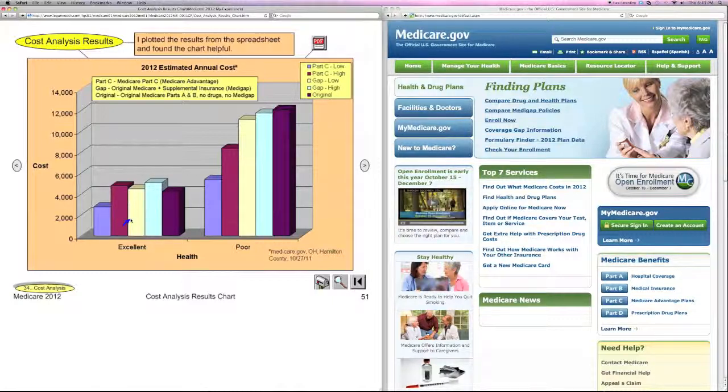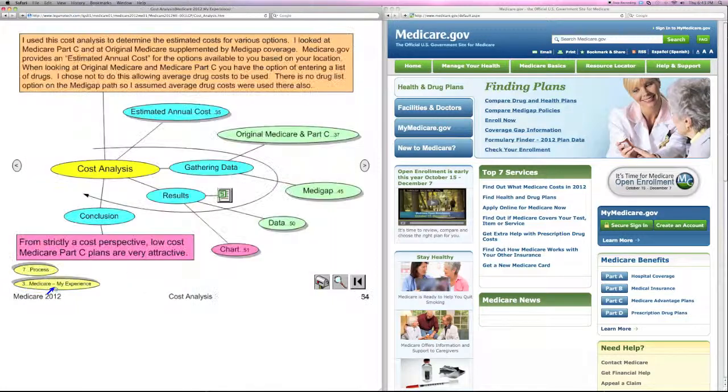And you can do this the same. This chart is not a universal chart. This is particular for my location, and this is a chart that you could generate for your own situation.